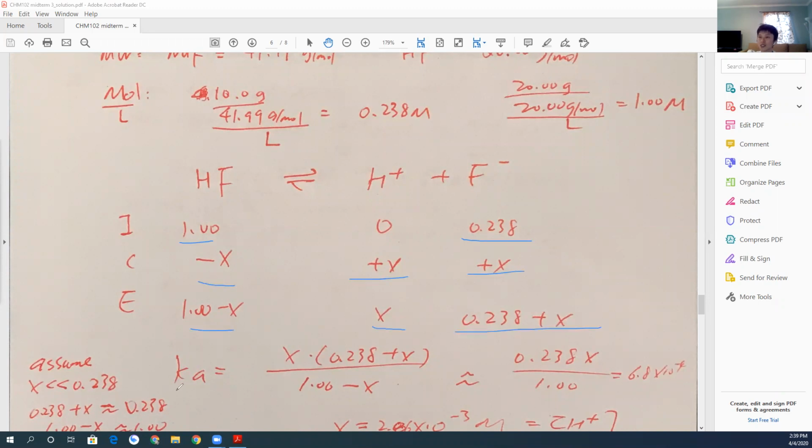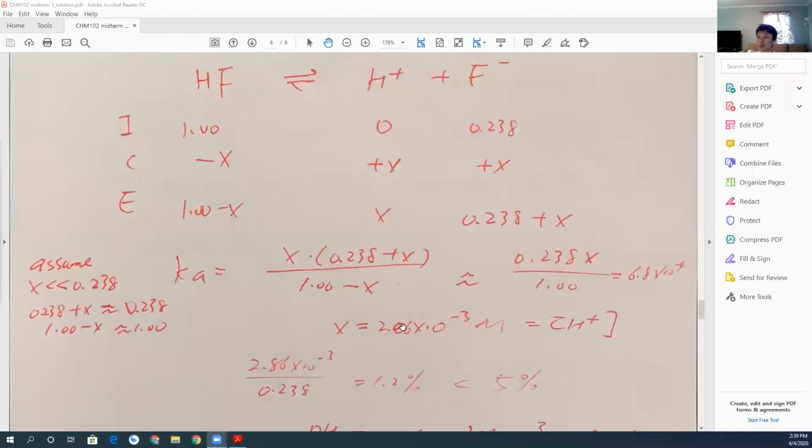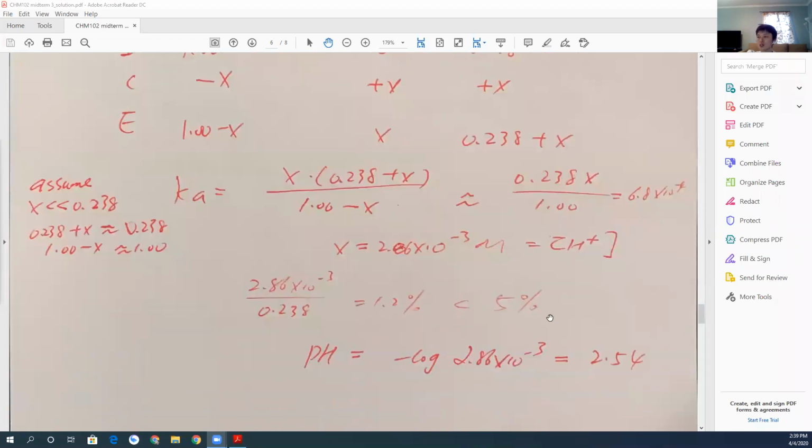Based on the K value given, you can calculate x, and x will be the amount of proton generated. If you do that, you get the same result after converting the proton concentration into pH. So both ways work, and the first way is much easier.